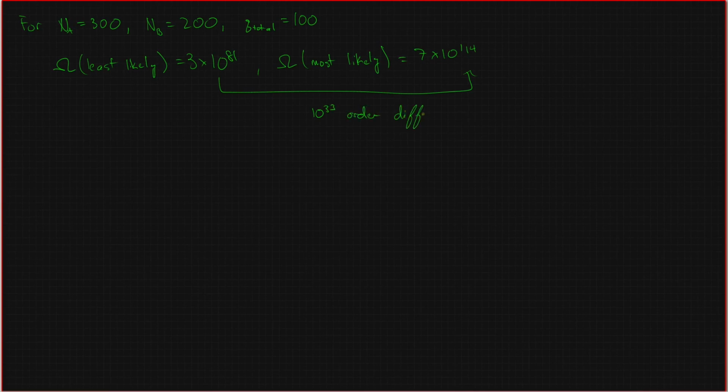That is incredible. That's a huge, huge number. So for all intents and purposes, the one that's most likely is the only realistic state. This one's not even close. If you're talking 10 to 33, that's just absolutely insane.